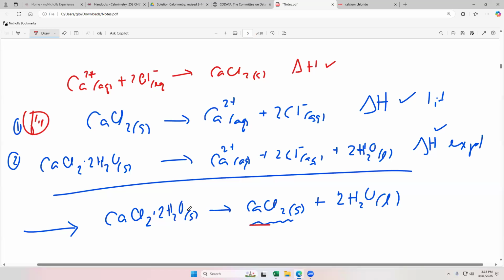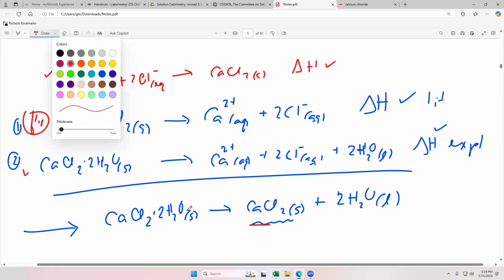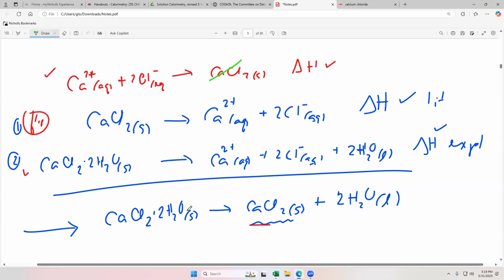So what do you do with the second one? As is. So when you add this and this, what do you get? You keep that product right there, sorry. Calcium chloride dihydrate stays. What cancels out? Calcium ion cancels out. Chloride ion cancels out. And we have the overall reaction.